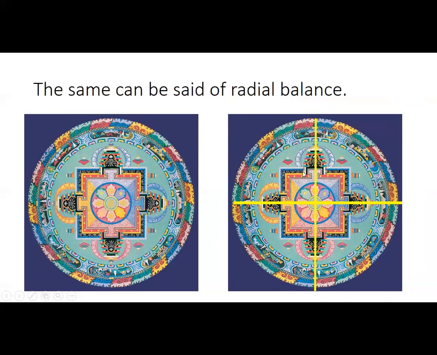So it's pretty easy to figure out the visual weight for both radial balance in most cases and for symmetrical balance, because sometimes radial balance will not be exactly symmetrical like this is, but there's still some central point where things radiate off of it.